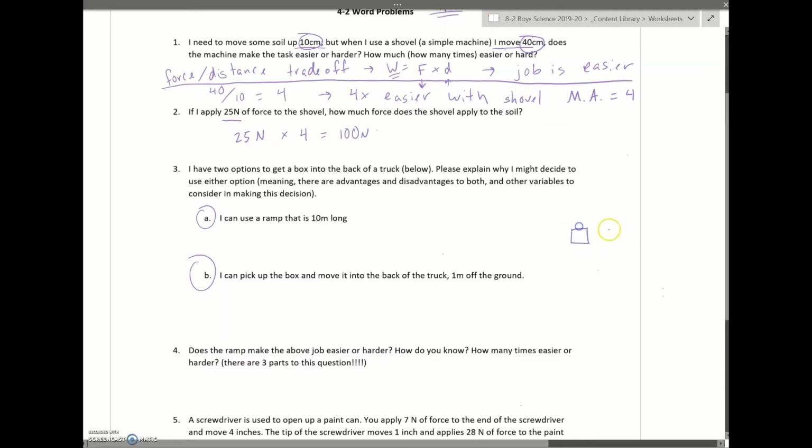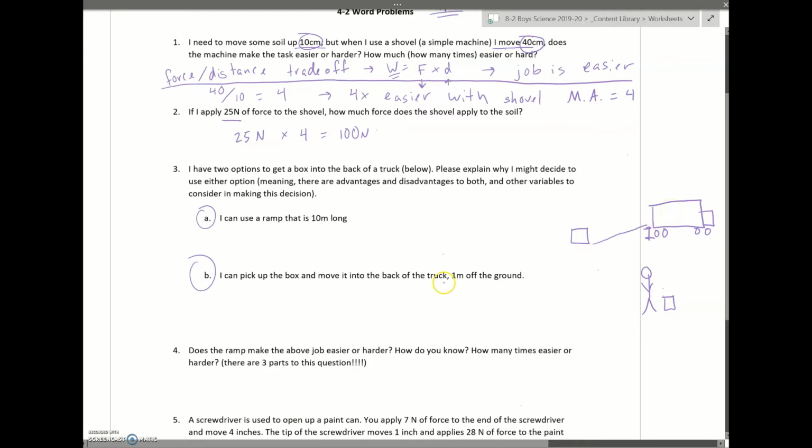Option 1, I can use a ramp that's 10 meters long. Option 2, I can pick up the box and move it into the back of the truck 1 meter off the ground.